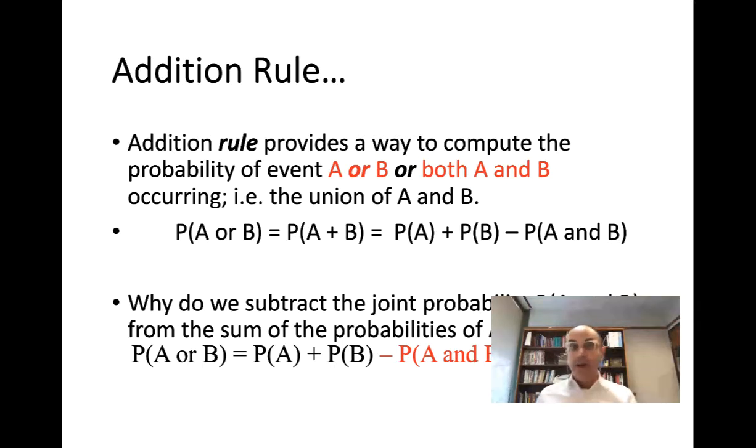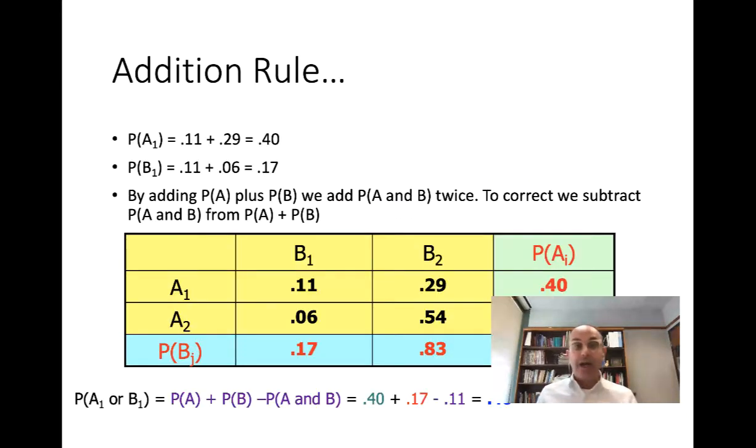I talked before about the addition rule. The addition rule provides a way for us to compute the probability of event A or B, or both A and B occurring, that is the union of A and B. And the formula for that is the probability of A plus the probability of B minus the probability of A and B. Why do we subtract this joint probability from the sum of the probabilities? That is the rationale behind it.